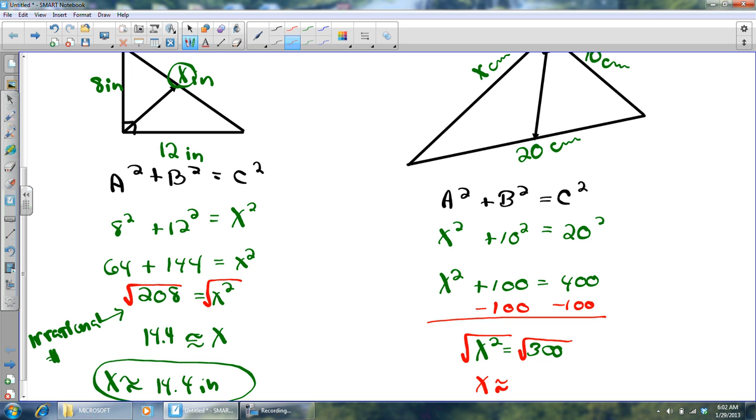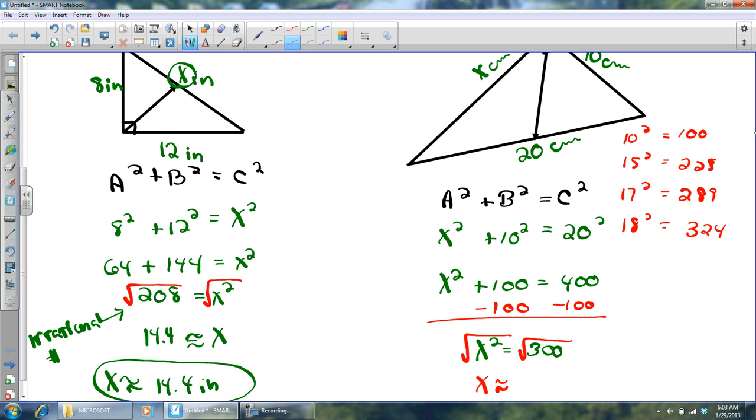For example, I know that 10 times 10 is 100, right? 10 squared is 100. I know that 15 squared is 225, okay? I know that 17 squared is 289. 18 squared is 324. And you see, there's no whole number in between those. Now, possibly it could be a perfect square that's a decimal, but in this case, I know it's not, just from experience.